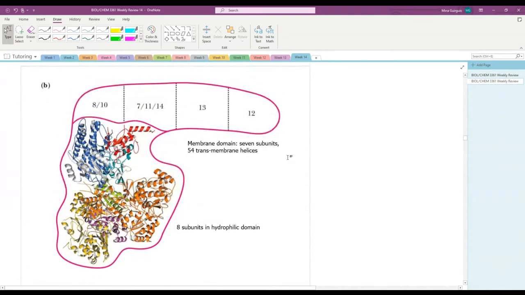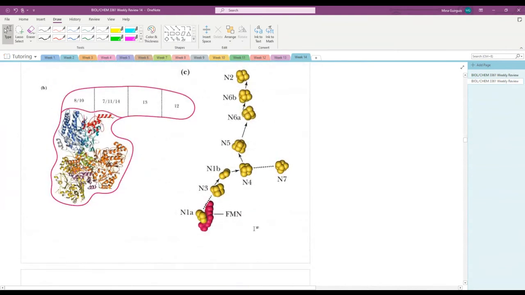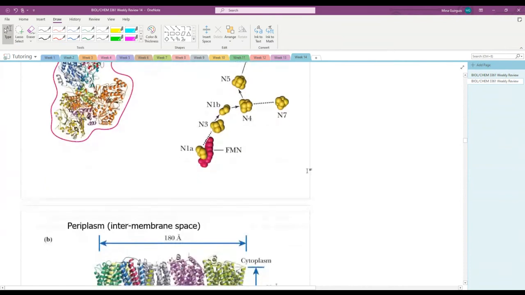Now this is a little bit about the structure. You've got your membrane domains, which are 7 subunits and 54 transmembrane helices, and then you've got 8 in the hydrophilic domain, which is in the mitochondrial matrix. And here's the map of the iron sulfur clusters and the FMN and everything.